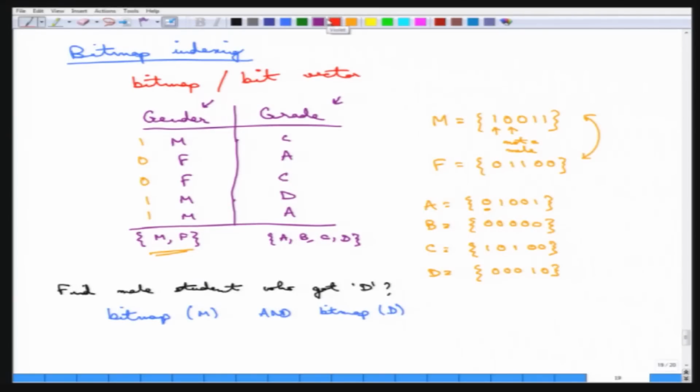The bitmap of M is this one and the bitmap of D is this one, and the result is the one that is highlighted. So it is the fourth student, who is male and has got a D.